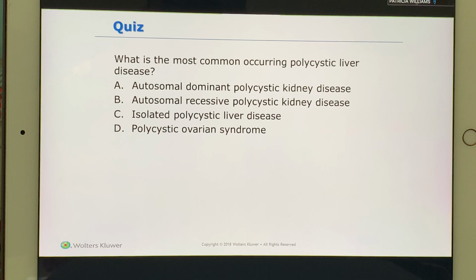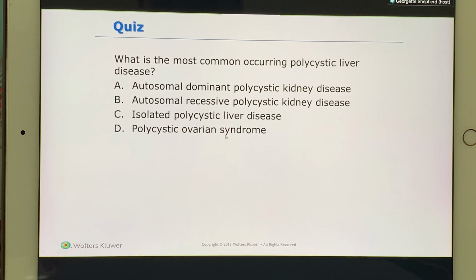It would be C, isolated polycystic liver. Not every autosomal dominant is from one parent. Autosomal recessive is two parents. With PKD, you may or may not have a liver cyst.